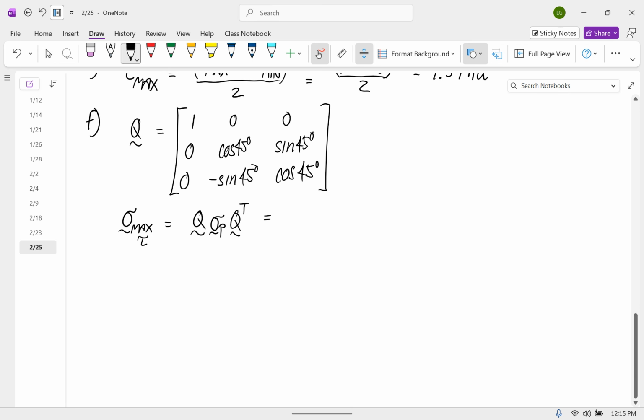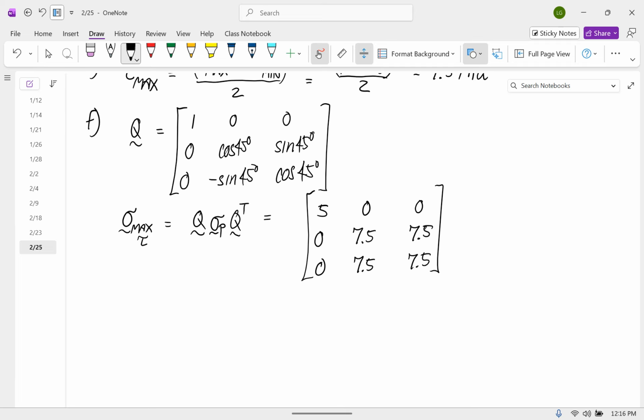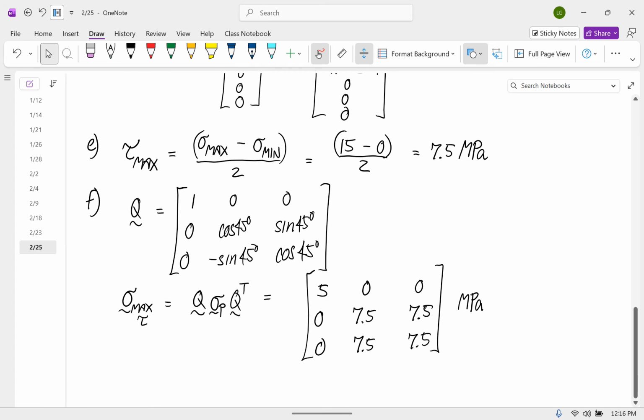And I get a stress tensor 5, 0, 0, 0, 7.5, 7.5, 0, 7.5, 7.5. And so you can see that this has at least one shear stress value that's equal to plus or minus 7.5, just like this predicted.